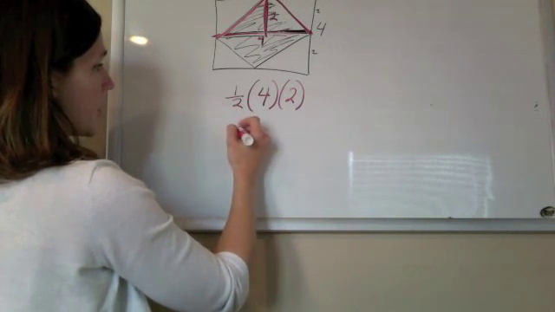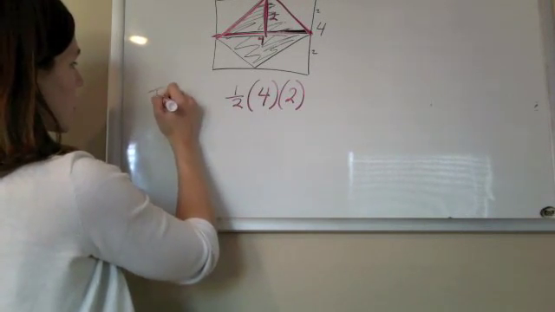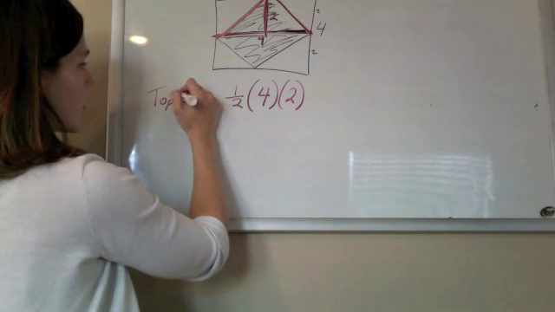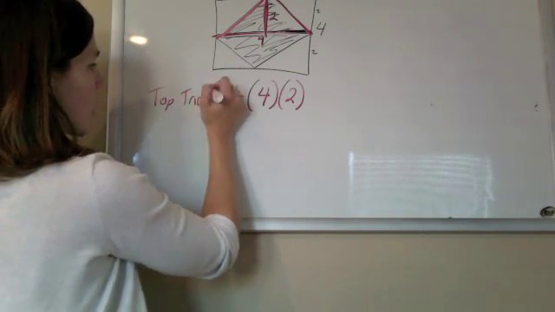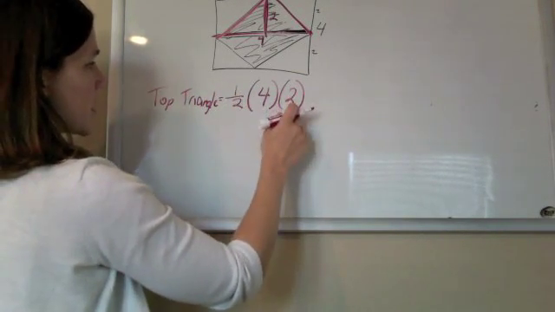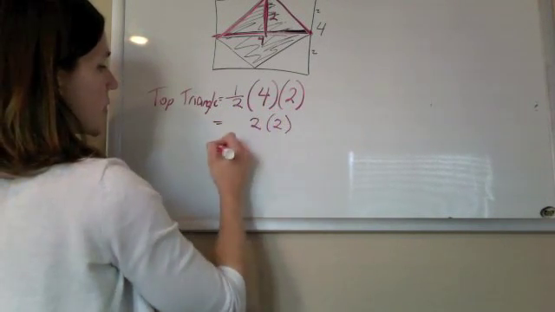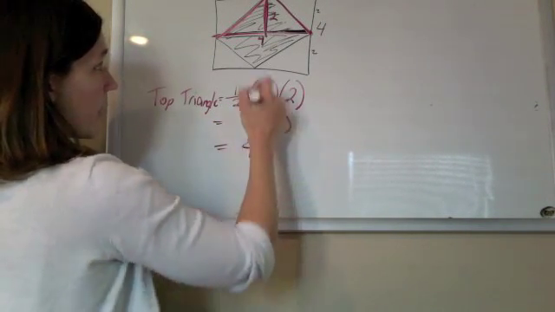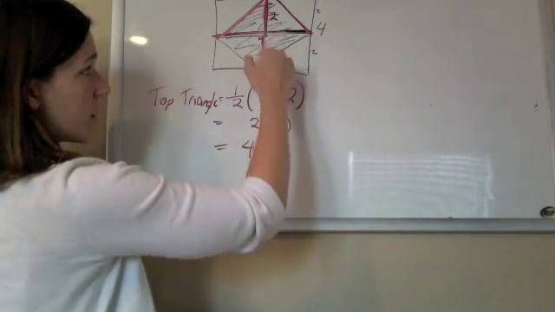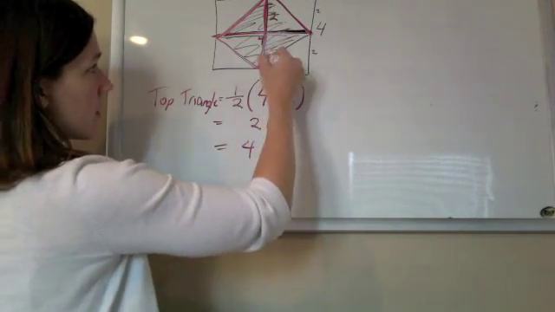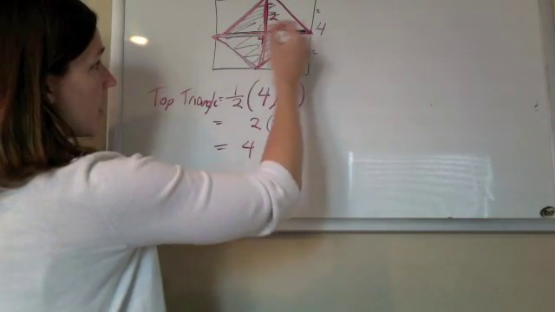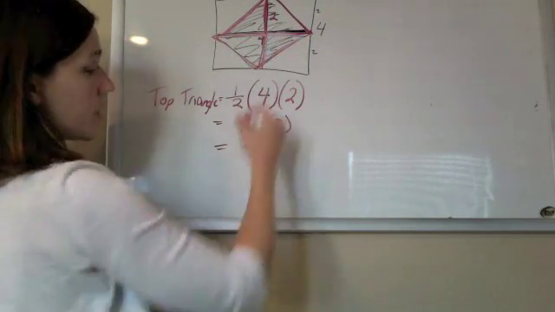So the top triangle, 1/2 base times height. So half of 4 is 2 times 2 is 4. And then the bottom triangle is actually the same thing. The base is 4, the height is 2.